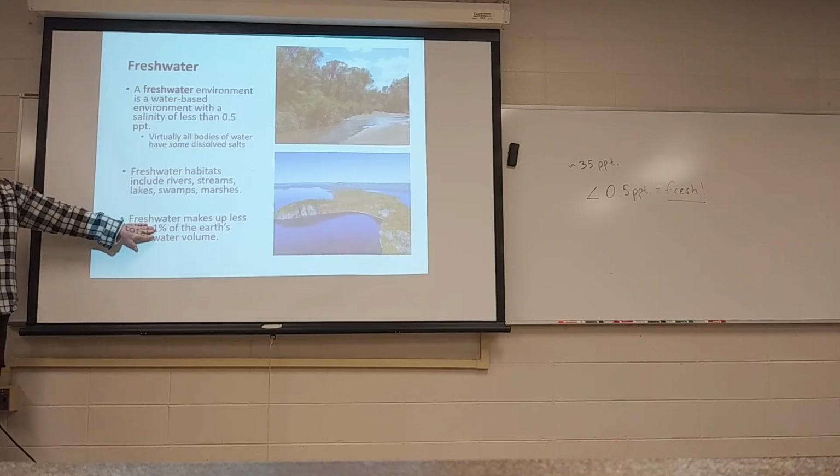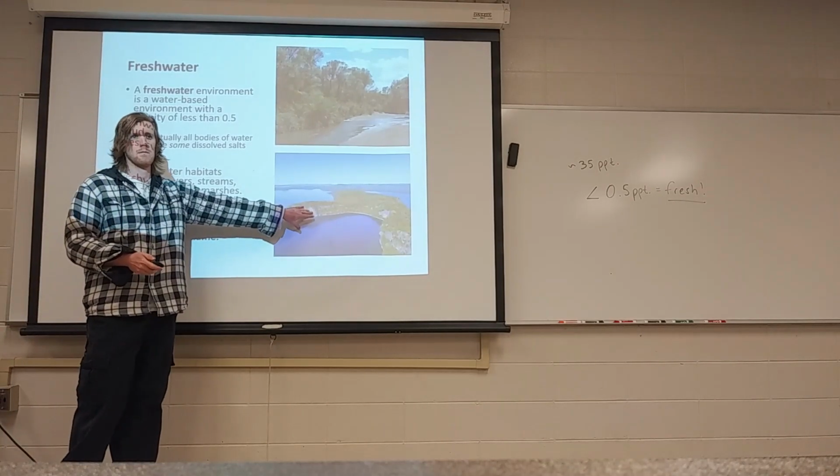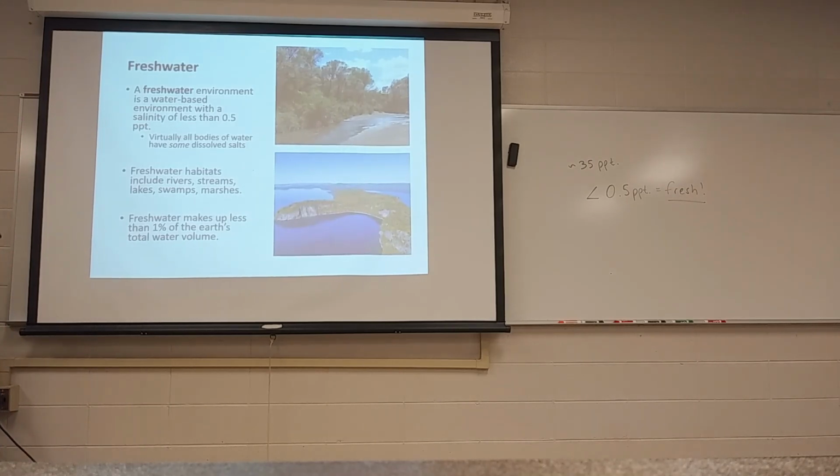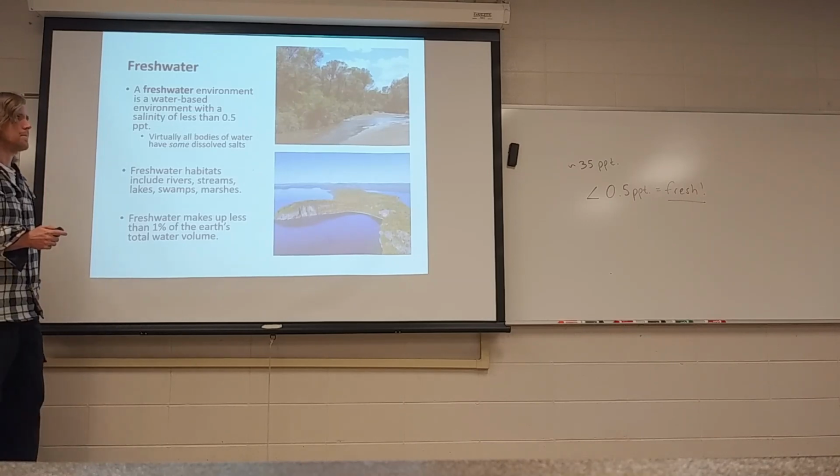And a good chunk of that is found in the Great Lakes, Superior and Huron and Lake Michigan. So the water that we actually see here in Missouri flowing in our streams and rivers and in our reservoirs is a super tiny percentage of the total water that we see around the world.